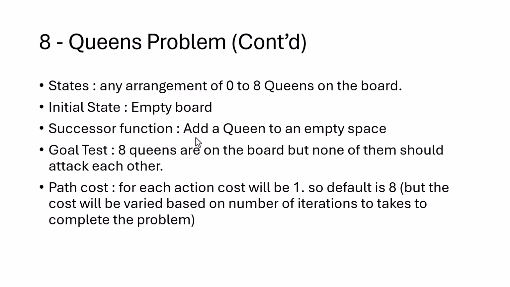So you have to know what are the legal actions, and then the successor function will execute a legal action and add a queen and make sure, because it's a legal action, that none of them attack each other. The goal test is 8 queens are on the board, but none of them should attack each other. The path cost for each action will be 1. So default is 8 because you're adding 8 queens, but the cost will be varied based on the number of iterations taken to complete the problem.